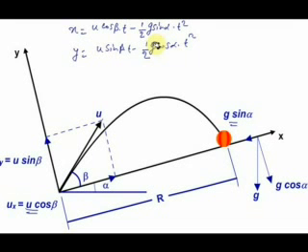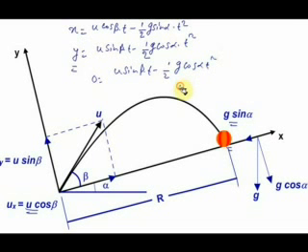So first let's calculate the time of flight. So at the end of flight, the displacement along y direction is 0 because the projectile has touched the ground. So putting y is equal to 0 in this equation, we'll get 0 is equal to u sin beta into t minus half g cos alpha t square, or 2u sin beta by g cos alpha is equal to t.